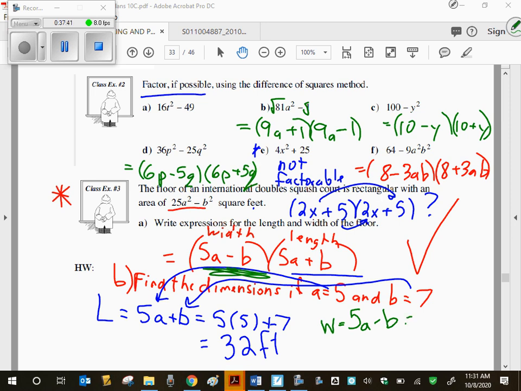And you get 5 times 5 subtract 7, 25 subtract 7 is 18 feet.